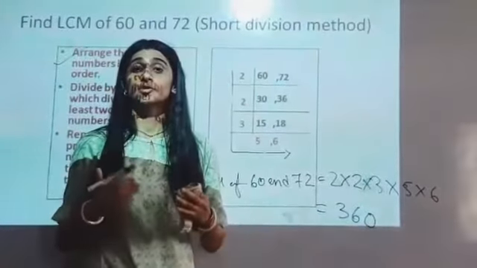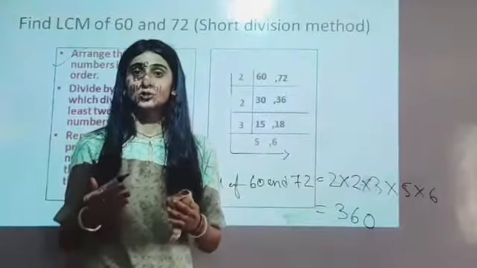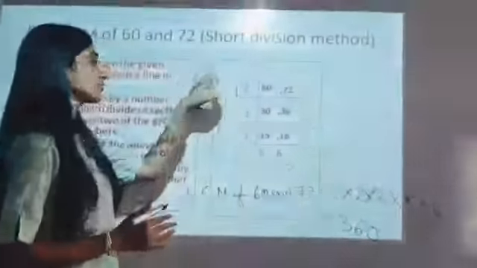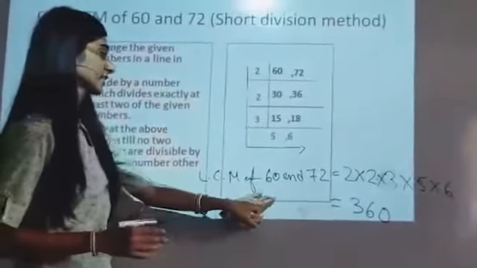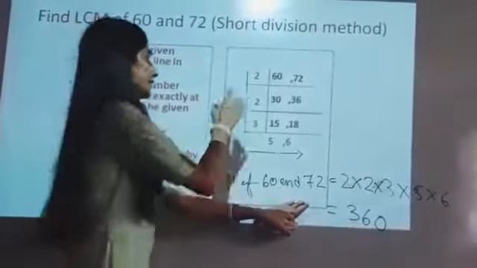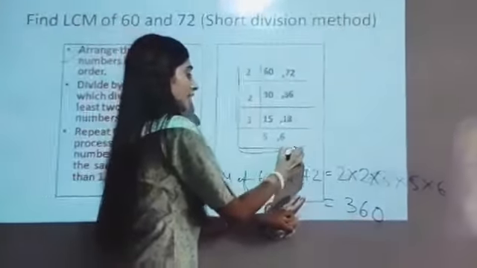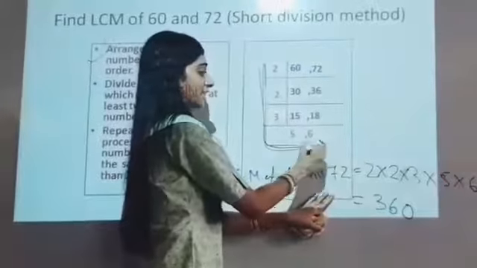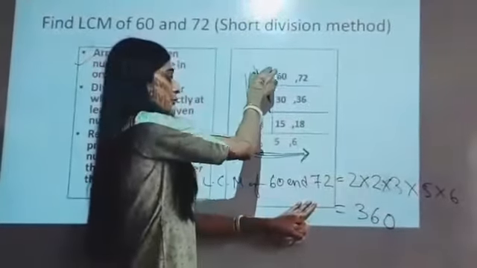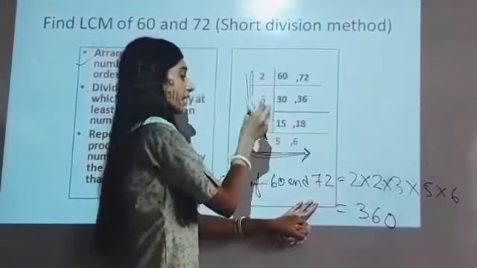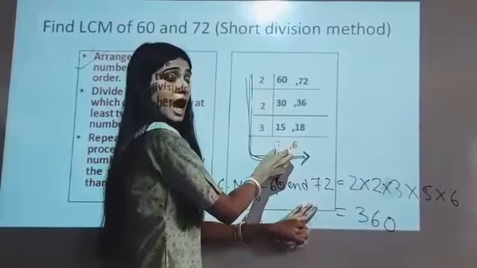So students, what will be your final answer? What will be the LCM of these two given numbers? So the LCM of 60 and 72, you have to write in this L shape. You will get the answer if you go in this L shape. How? You have to write the product of these divisors and the product of the undivided numbers.